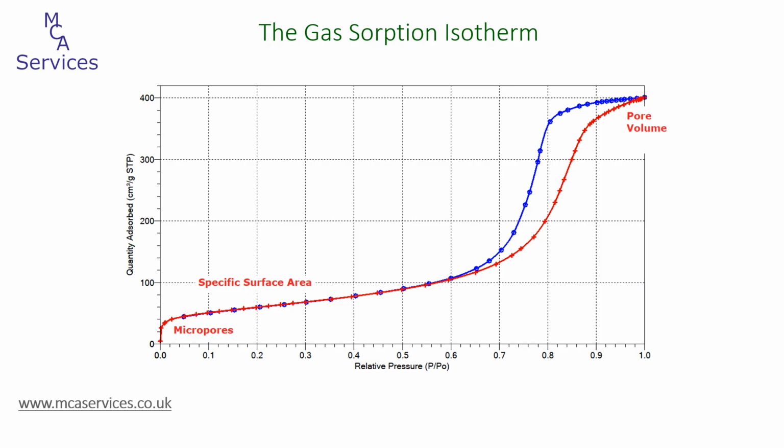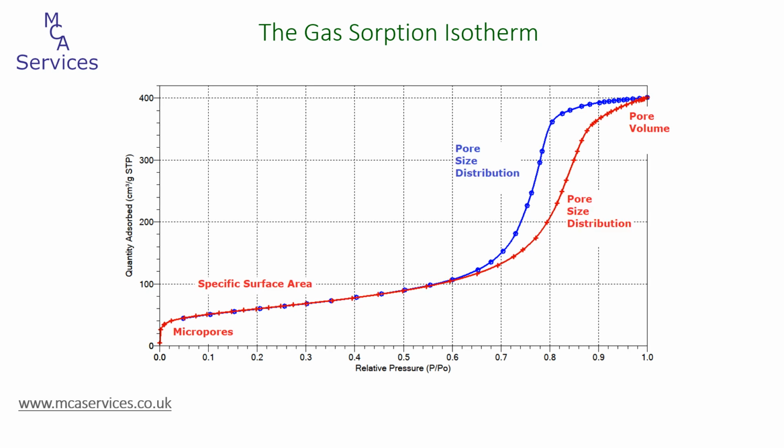From the highest relative pressure of the adsorption isotherm, we can assess total pore volume. And from both adsorption and desorption, we can look into the pore size distribution of mesopores and small macropores. And the relative shapes of the two parts of the isotherm can tell us an awful lot of information on the pore geometry that's present.